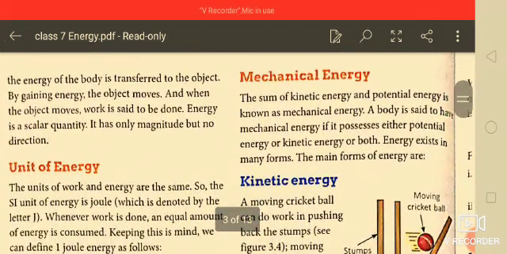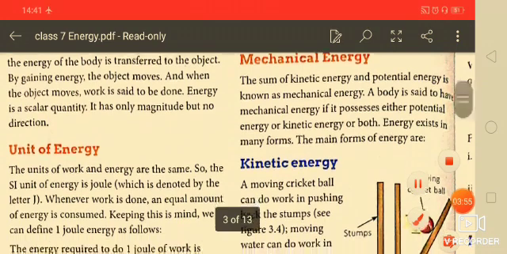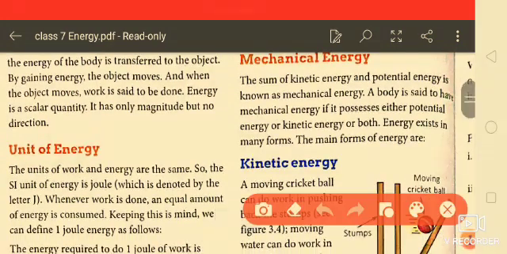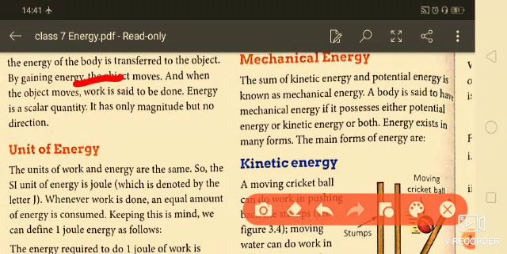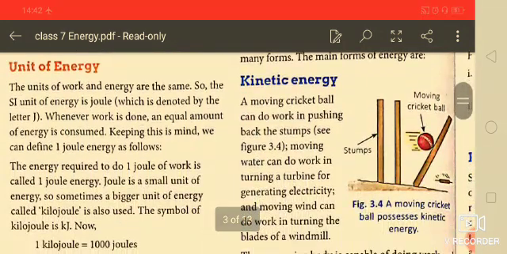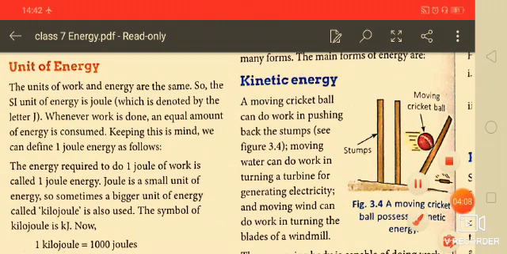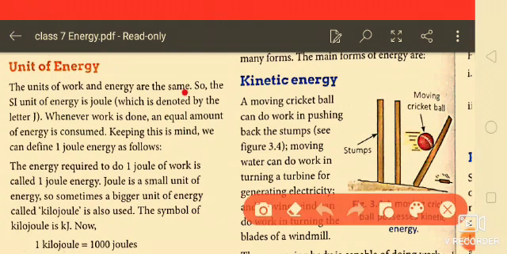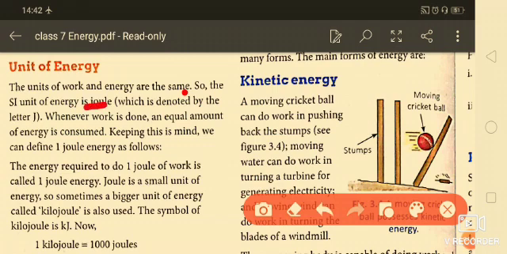So the energy of a body is transferred to the object, and by gaining energy that object moves. The unit of energy is the same as work. The SI unit of energy is also joule.